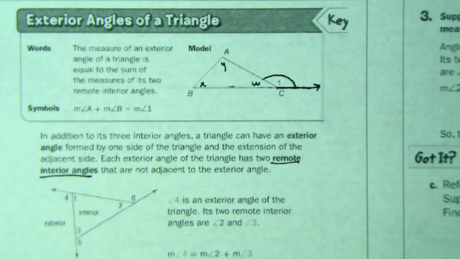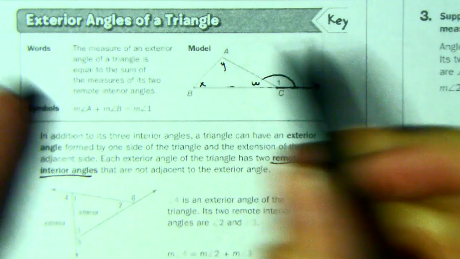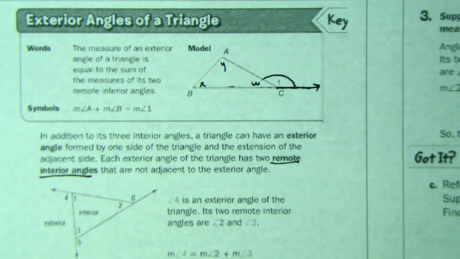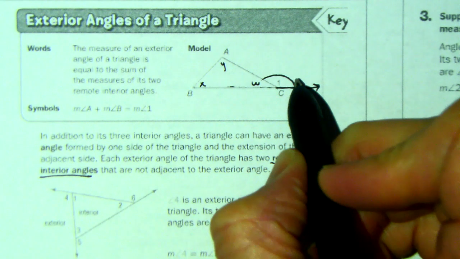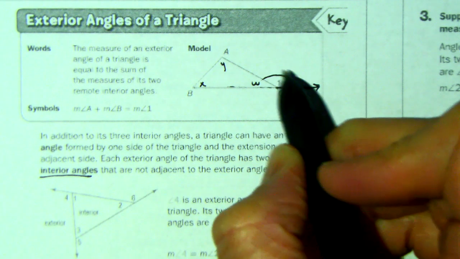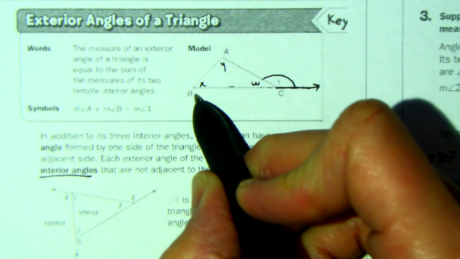Together they add up to 180 degrees, right? Well, guess what? Together, doesn't W, X, and Y add up to 180 degrees? So just like if I would take 180 minus W to get 1, 180 minus W would give me these two added together.